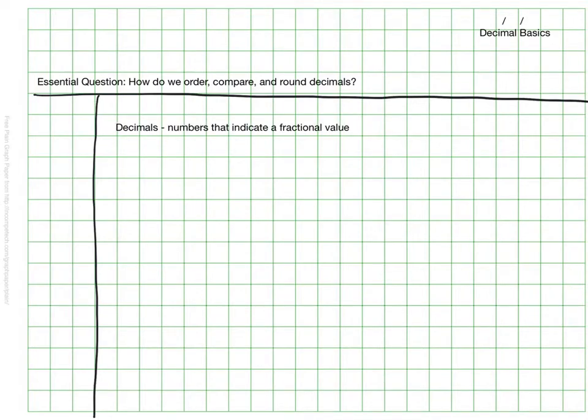And like fractions, decimals are another way to indicate a fractional value. And we see this as numbers written to the right of a decimal point. When we read decimals, we know that there are different place values that correspond to different fractional amounts. So for example, 0.234, we can label each of these numbers as a different place value.